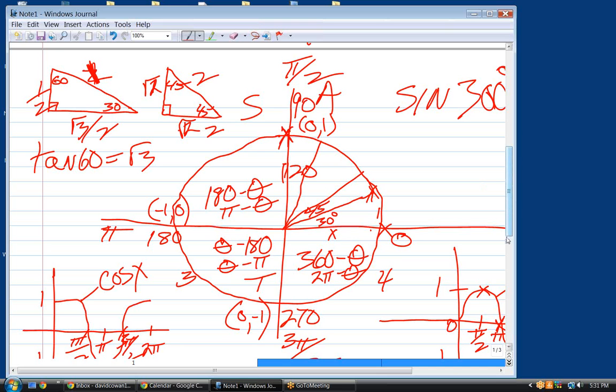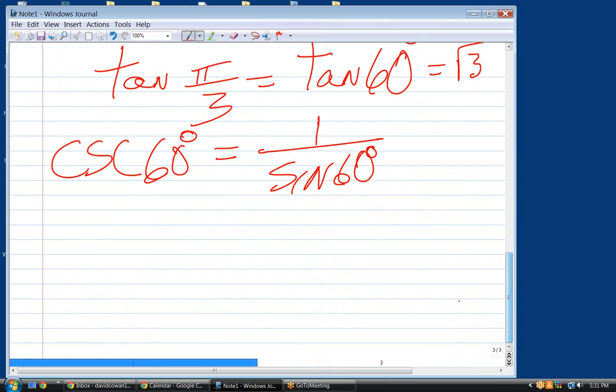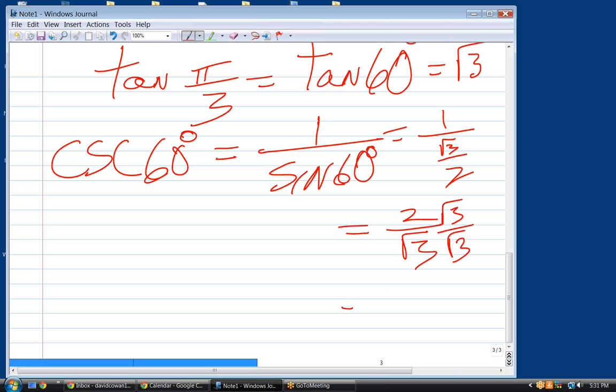So root 3 over 2. So this is 1 over root 3 over 2, which you have to flip. Now it becomes 2 over root 3, which you then have to rationalize, and it becomes 2 root 3 over 3.